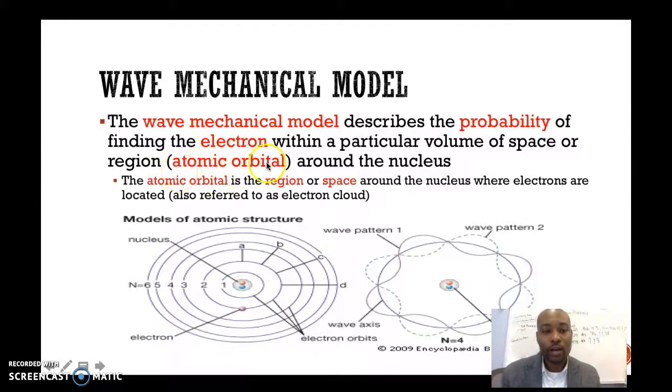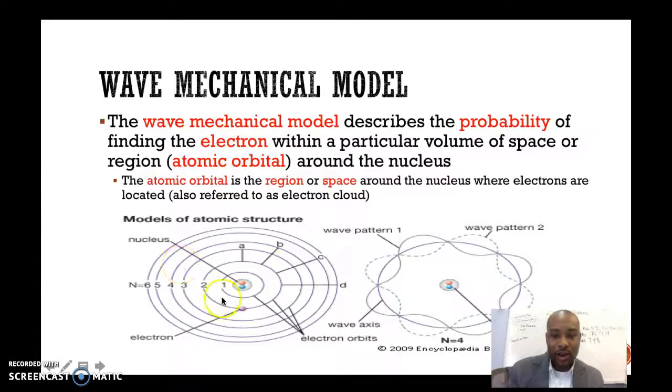The region where it's found is referred to as the atomic orbital, which is around the nucleus. The atomic orbital is the region or space around the nucleus where electrons are located, and some books refer to it as the electron cloud.